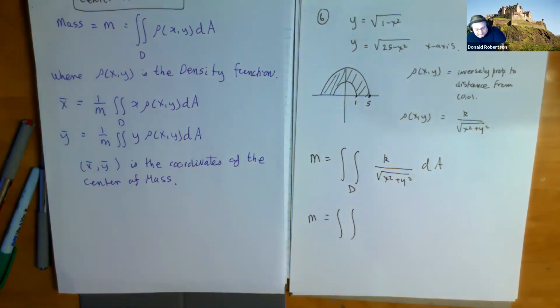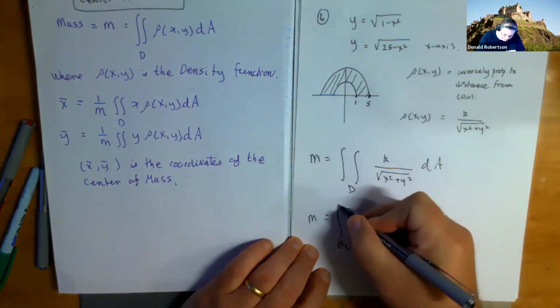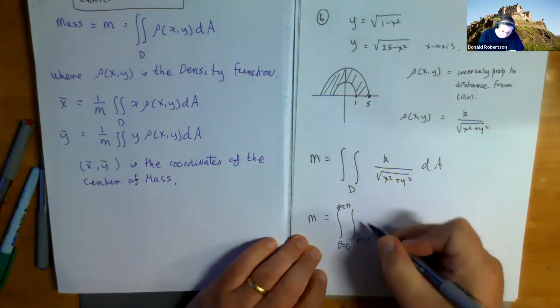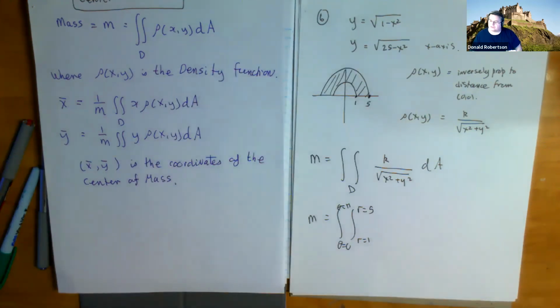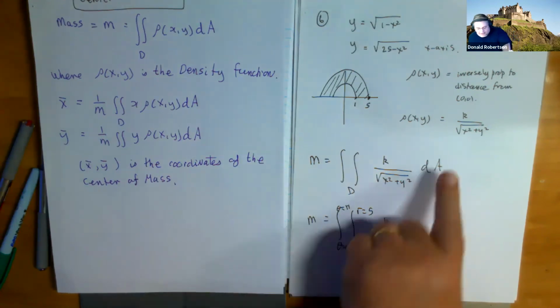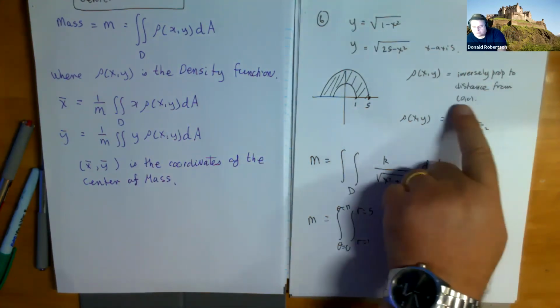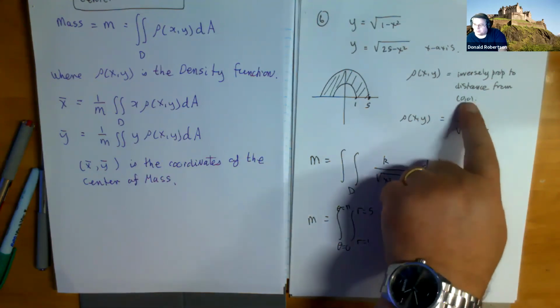Do you think that this is a very good candidate for polar? So I'm going to go 0 to pi, that'll get me the top half, and r equals 1 to 5, and that will give me the donut piece. Are you happy about k over the square root being inversely proportional to the distance from the origin? You happy about where this came from?